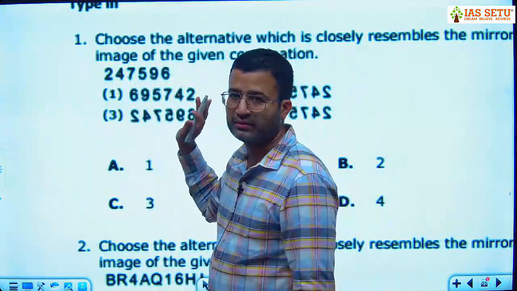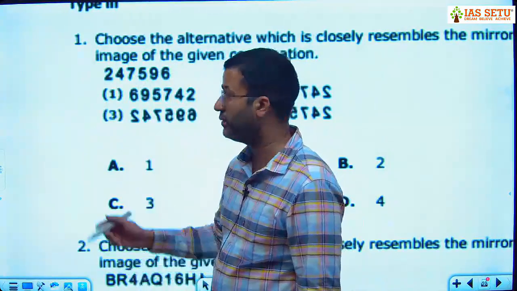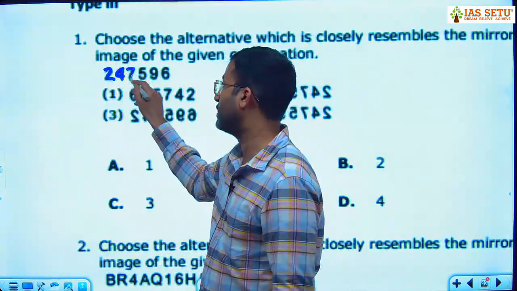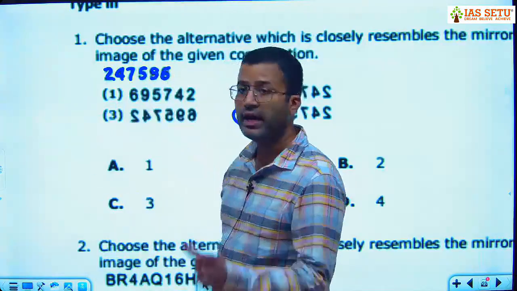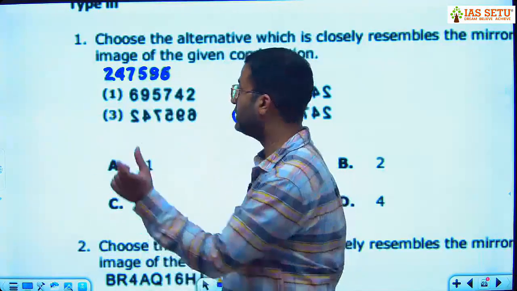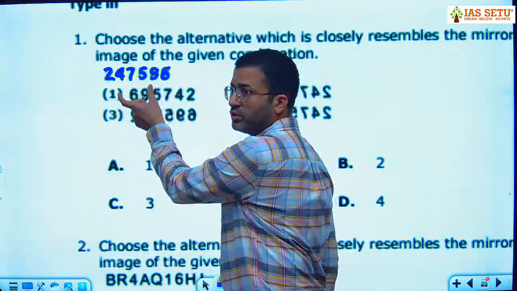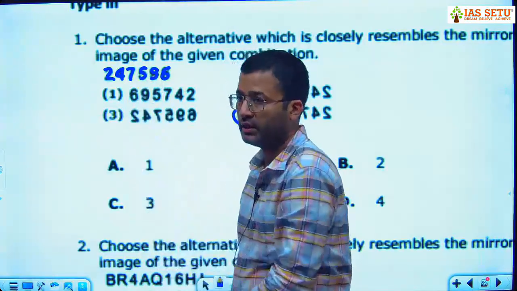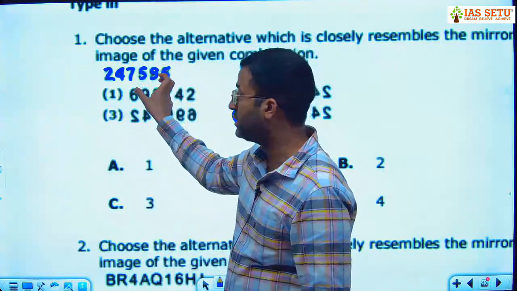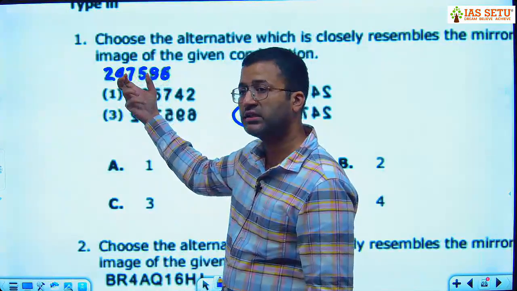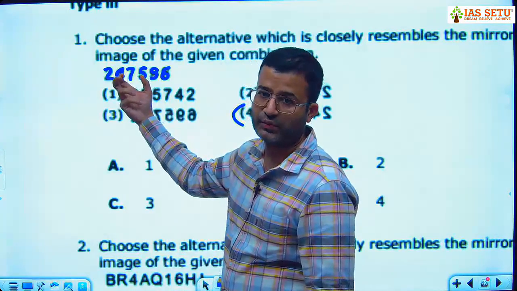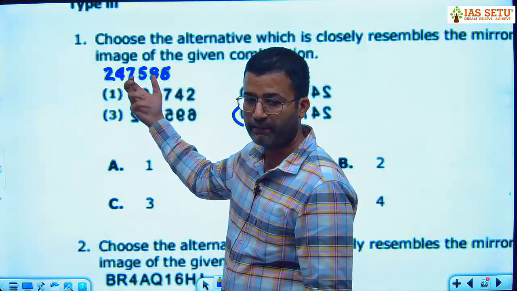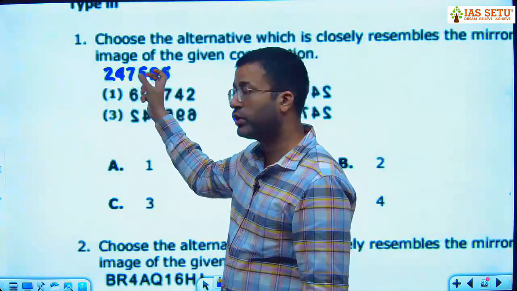But वो थोड़ा fast करना पड़ेगा. You write here 2, 4, 7, 5, 9, 6 and take an eraser. Immediately take the stamp of this number on the eraser, क्योंकि gel pen थोड़ा ink छोड़ देता है. If you see the eraser like this, it appears as the exact same mirror image. You can check. है ना?